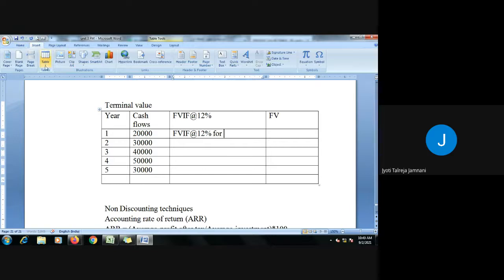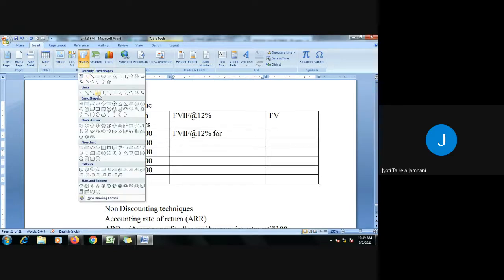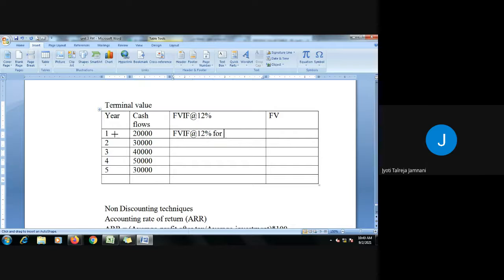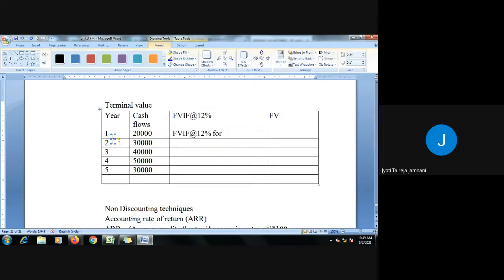I have to go to the future. So from 1 to 2, 1 year. Then from 2 to 3, second year. 3 to 4, third year. And then you have 4 to 5, fourth year.